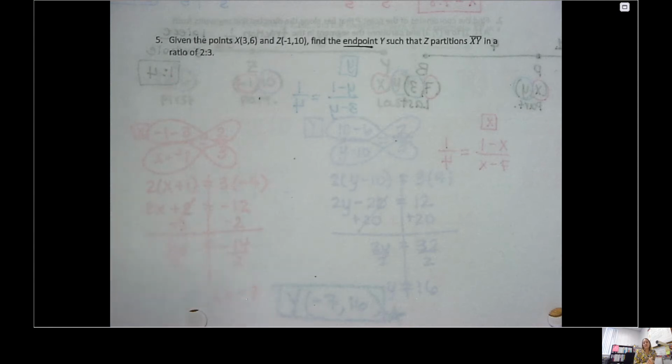Let's start by drawing a picture. What is our first point? X. What's our last point? Whoa, careful. We don't have the partition point. What's the last point?